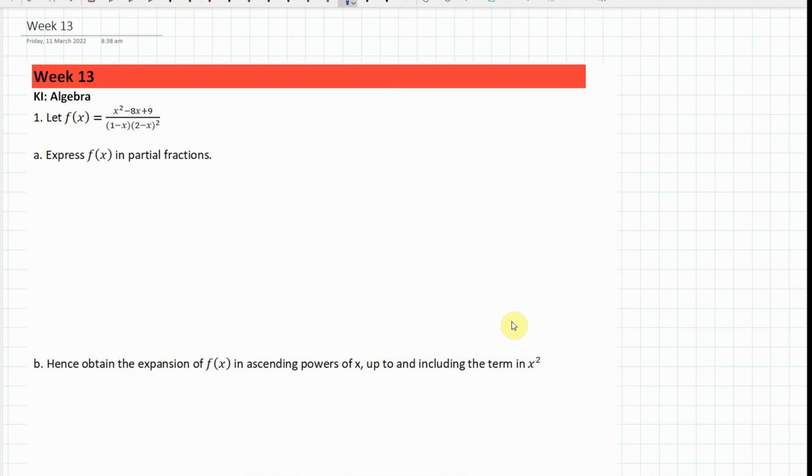This one here is on partial fractions, and so I want to rewrite this so that I've got a over 1 minus x plus b over 2 minus x plus c over 2 minus x all squared. That's what I'm trying to do. And therefore, to find a, b and c, I'm going to times the a numerator by 2 minus x squared.